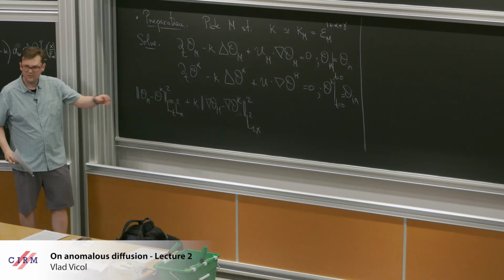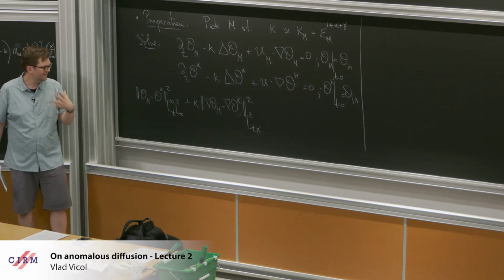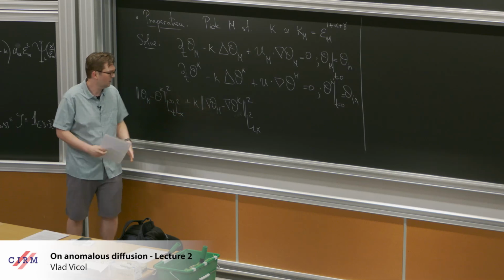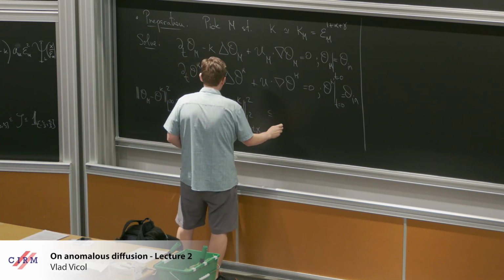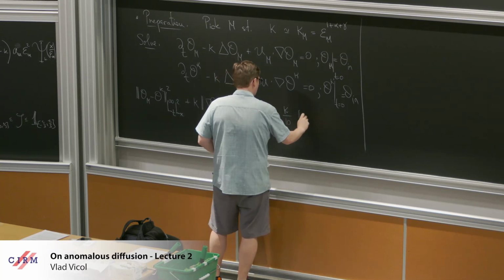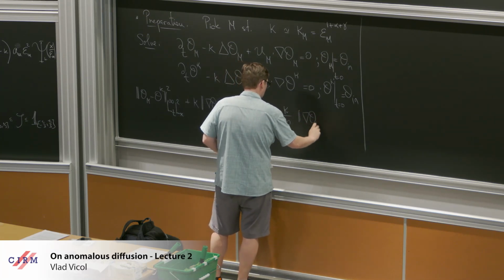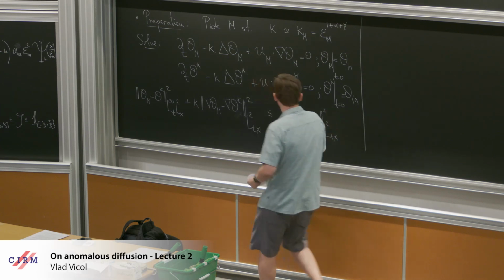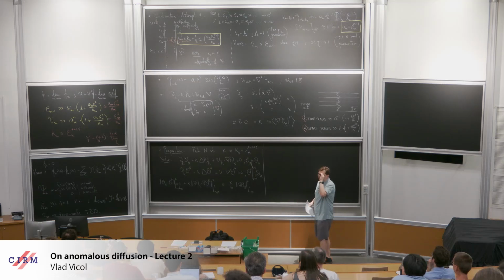I would like to say that this is small, but I'm not going to say that. I'm just going to say that it's within 90% of this. Okay? So this is going to be less than 1 over kappa over 10 times the thing you're after. Okay, so this is an estimate you can prove.